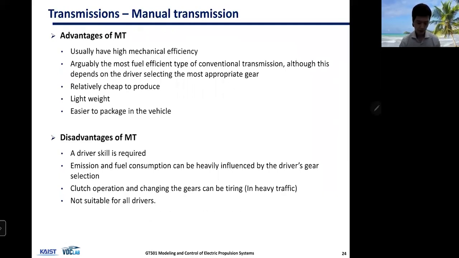So there are advantages and disadvantages of manual transmission. Usually, manual transmission gives you high mechanical efficiency. Everything is simple. There's no oil that's submerged, or there are no viscous losses.